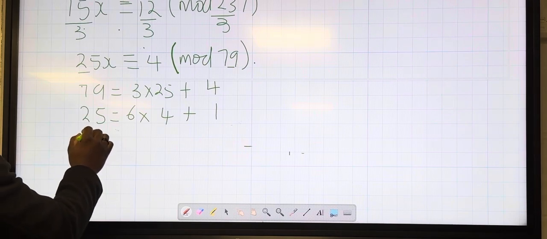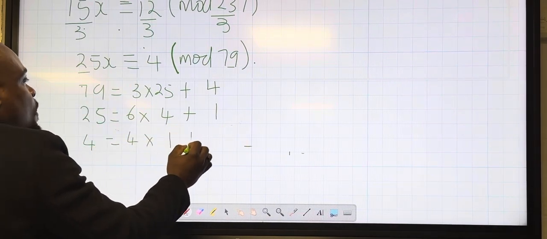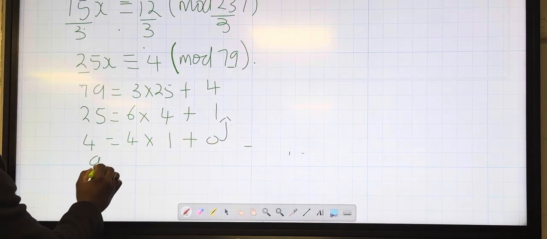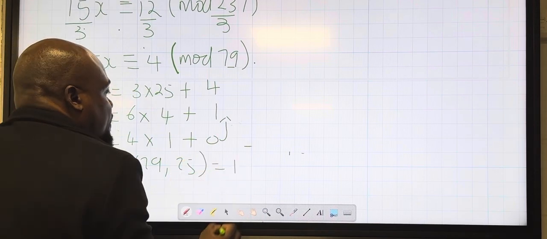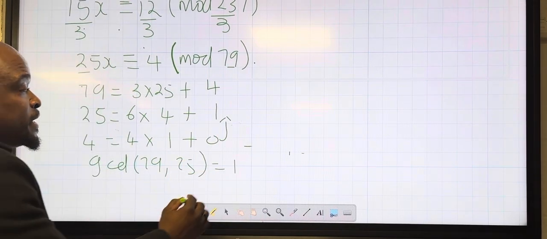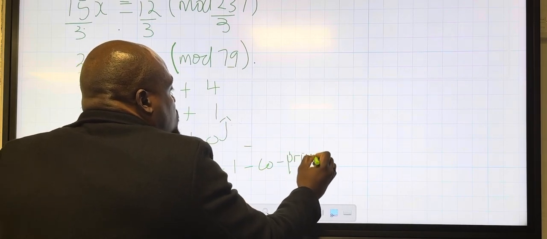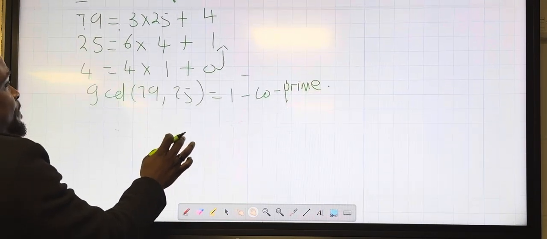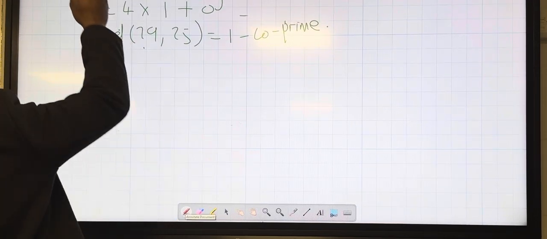And 4 can be split as how many 1s are in 4? There are 4 plus 0. So that tells us that the GCD between 79 and 25 is 1. The correct definition is these numbers are co-prime.